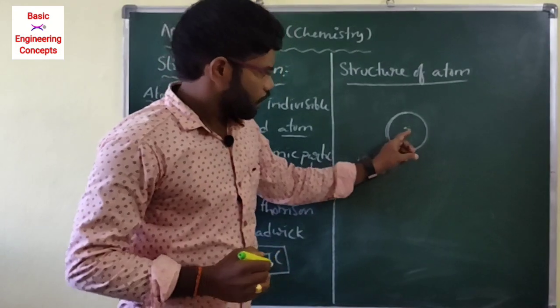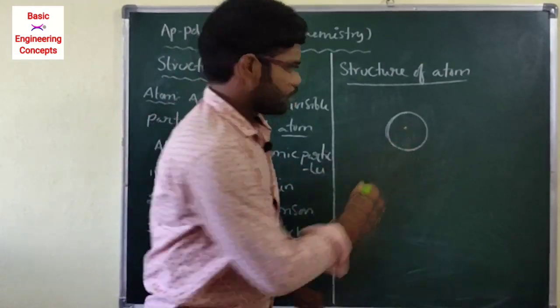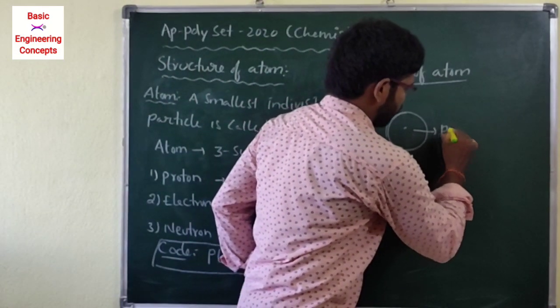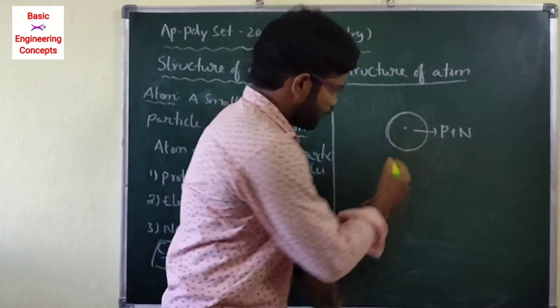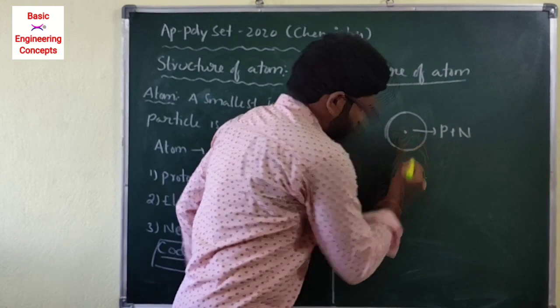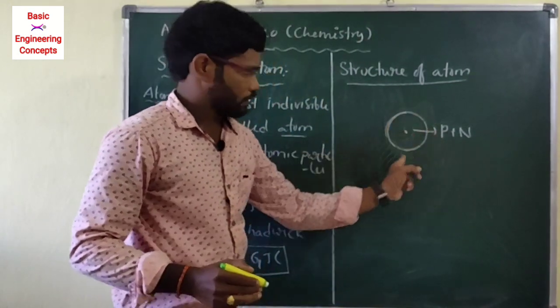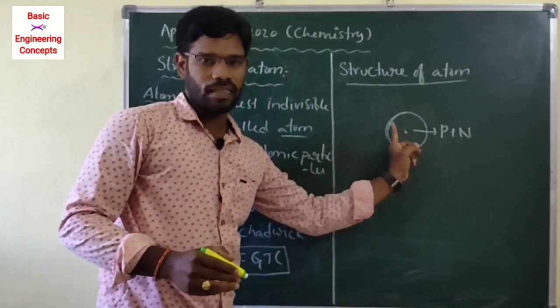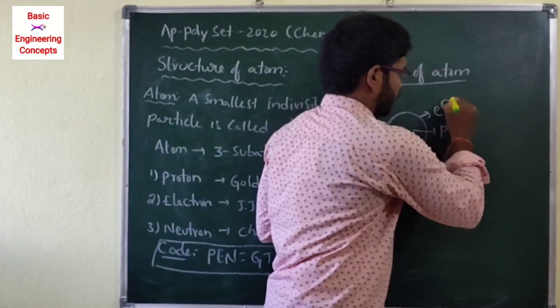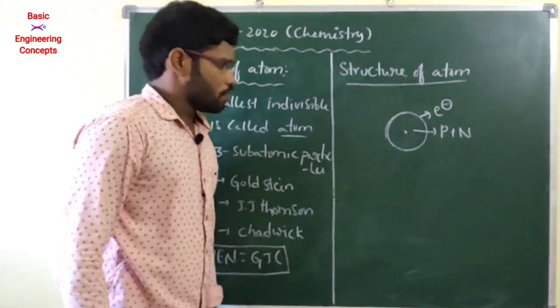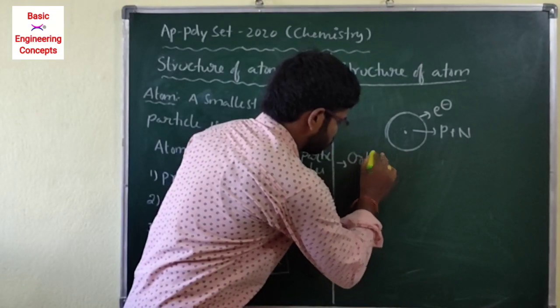The nucleus contains protons and neutrons. The shell contains electrons that revolve around the nucleus. This is called an atom.